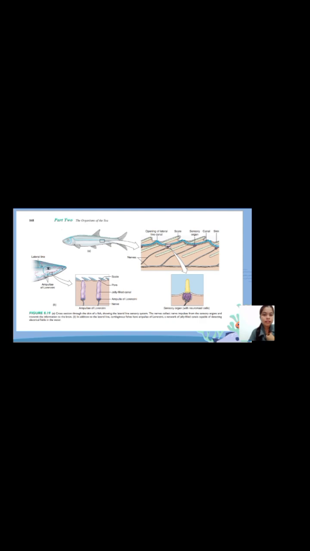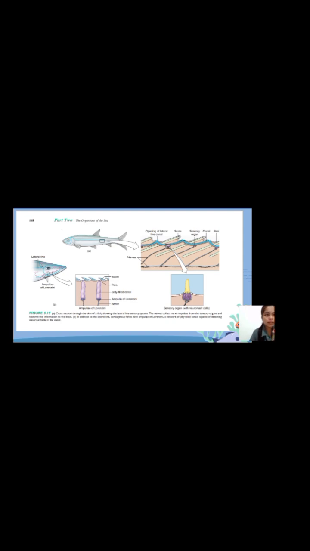So this is a cross-section through the skin of a fish, showing the lateral line sensory system. The nerve collects nerve impulses from the sensory organs and transmits the information to the brain. In addition to the lateral line, cartilaginous fishes have ampullae of Lorenzini, a network of jelly-filled canals capable of detecting electrical fields in the water.